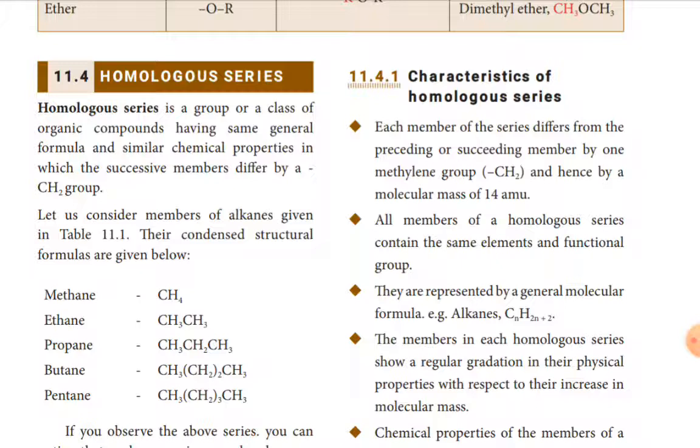The successive members mean the next compound, or the above compound, the below compound. When you check the above or below compound, what will be the difference between the two compounds? One methylene group, and its atomic mass is 14 AMU.